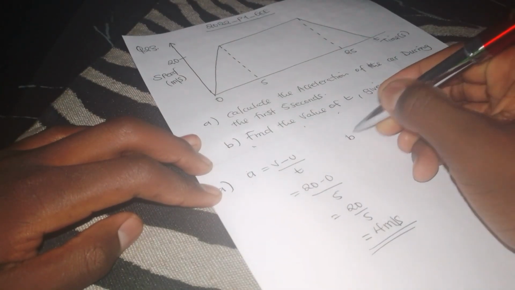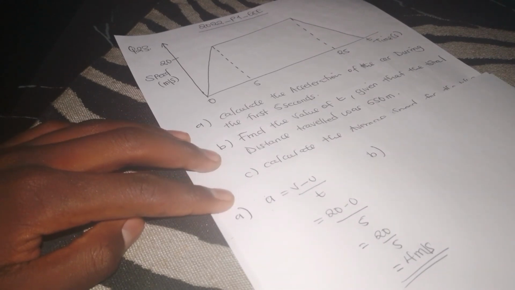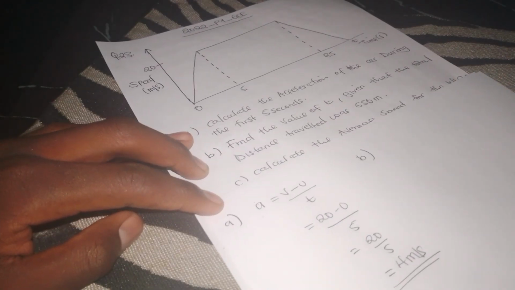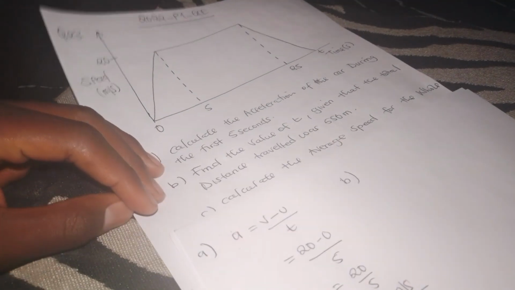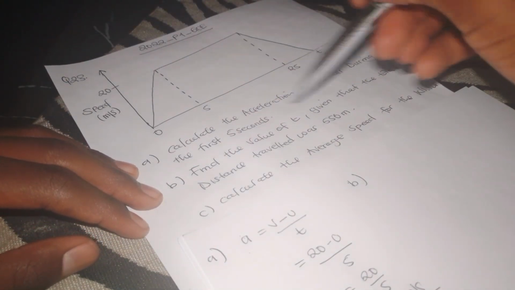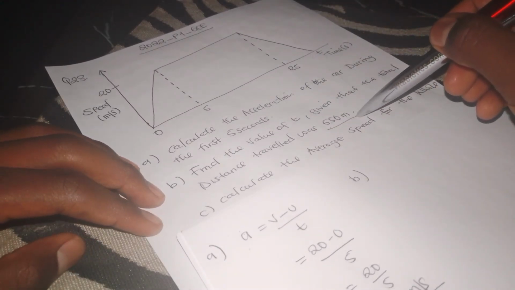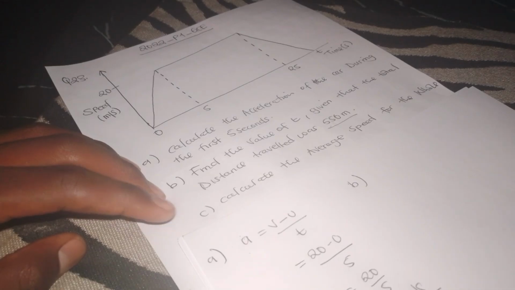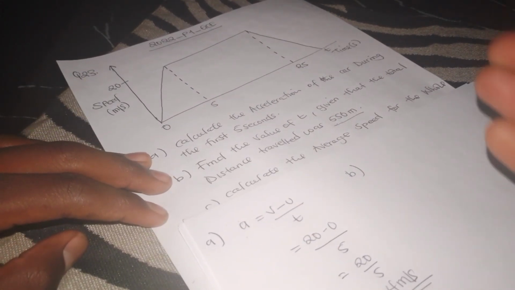Question B. The question is saying find the value of t given that the total distance traveled was 550 meters. Yeah, so they want us to find the value of t, the t here, given that the total distance traveled for the whole journey was 550 meters. So what are we going to do now? First of all, ask yourself, what shape is this?